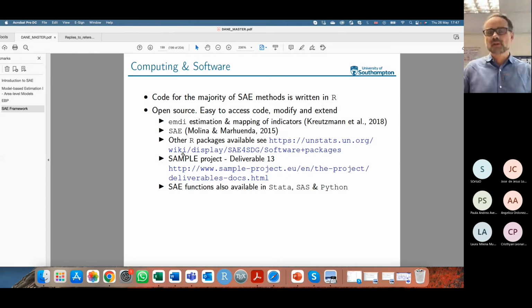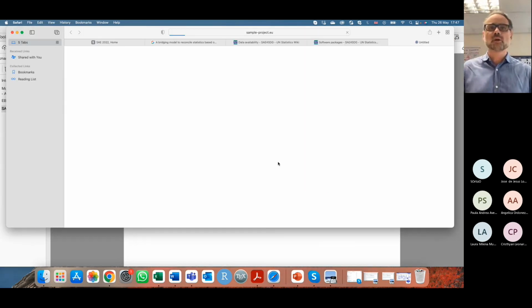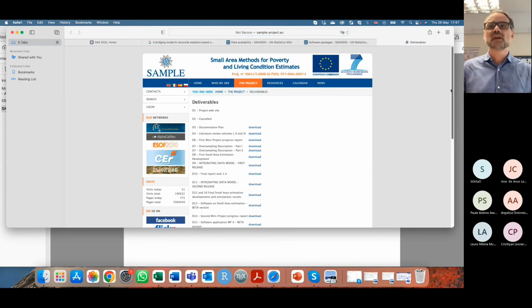There was work that colleagues and I did a long time ago, around 2010, where a big part of a European Union project was to develop software for methods. And so you can visit if you click here. Hopefully that will open. So you see here it was a project on small area methods for poverty and living condition estimates that was funded by the European Commission.